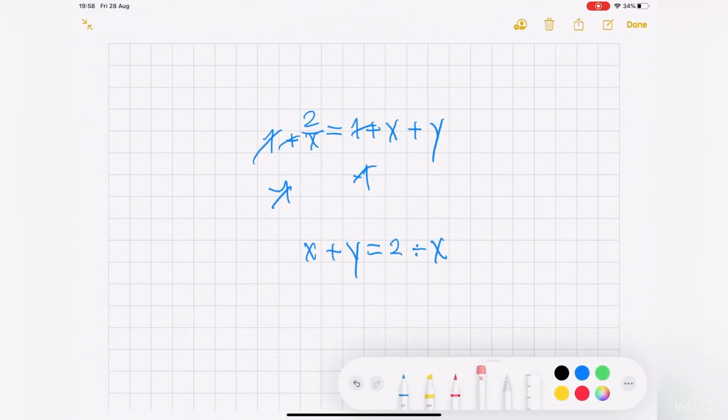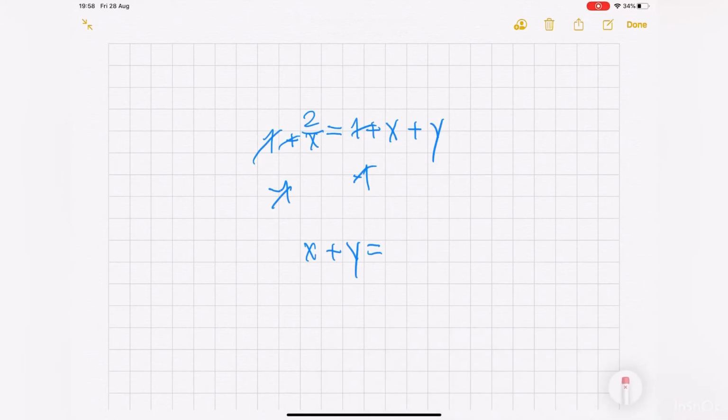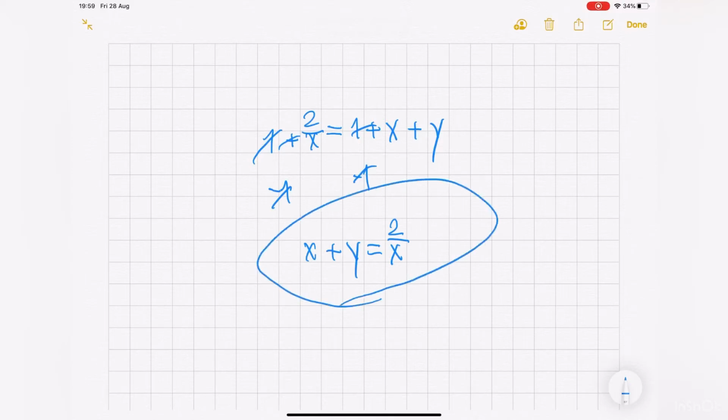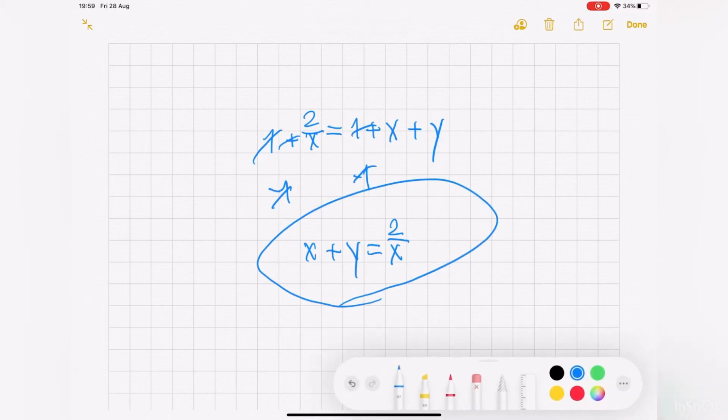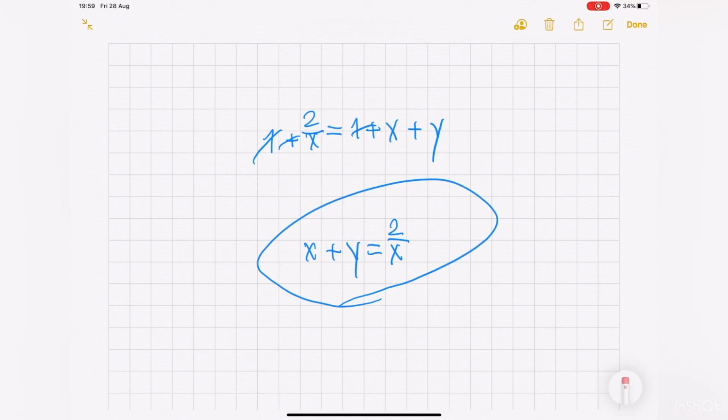Now next, this is the simplest form, but if you want to make it simpler, you should just make 2 divided by x. So this is the simplest one out of all of them. It's not quite complicated because you just delete only the number 1.